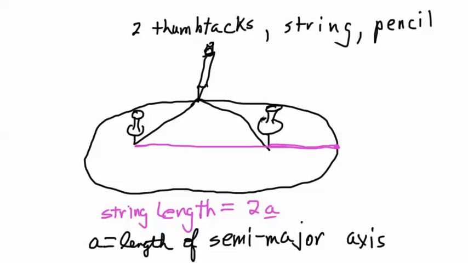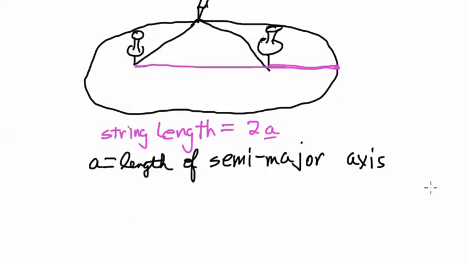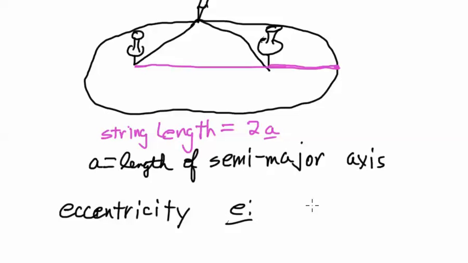Now there's another feature of the ellipse called eccentricity, and it's usually denoted E, and E is a variable that it would be easy to define if we defined some other things first.